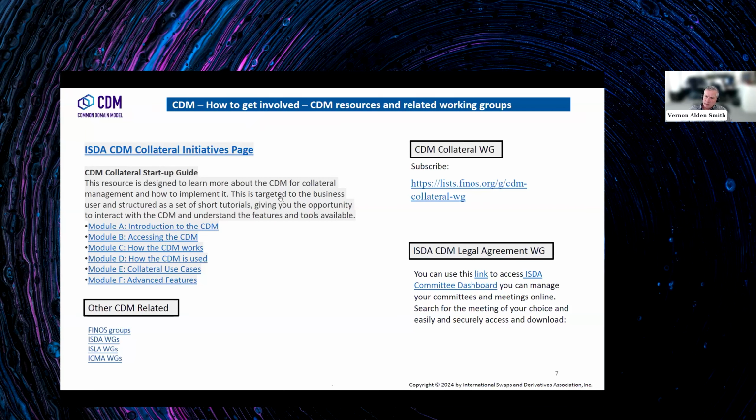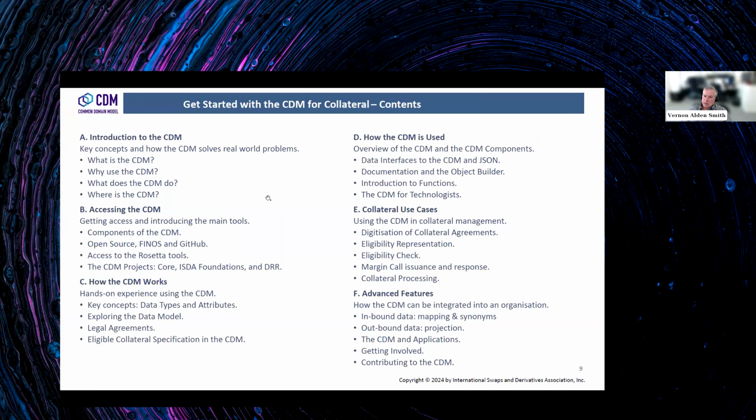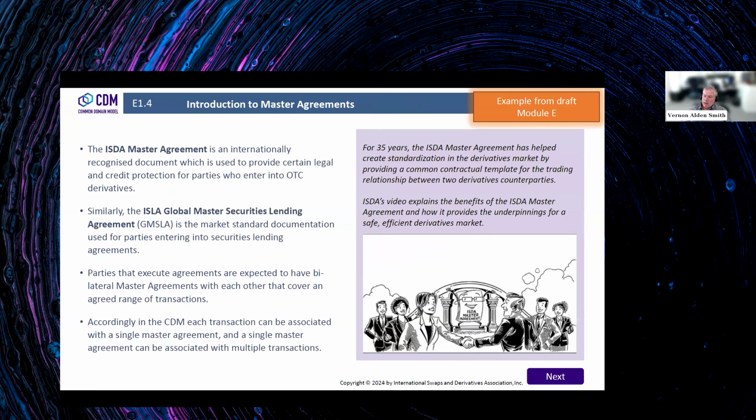I do have in the appendix of this presentation, and I won't go through them all in detail, a QR code that takes you straight to the guide, and there is also some information on the contents of each of the modules, and some snapshot information taken from the actual modules themselves that shows you some of the content.